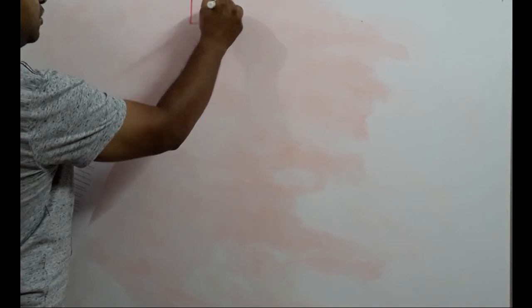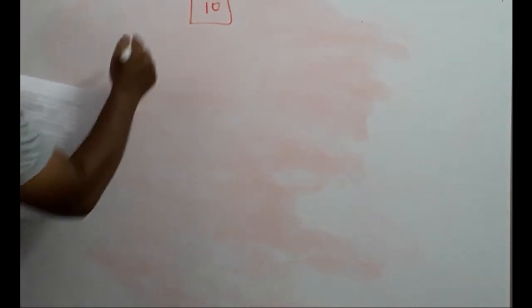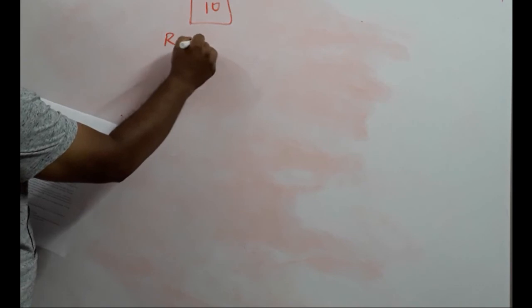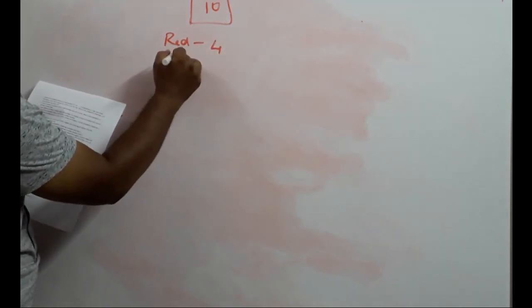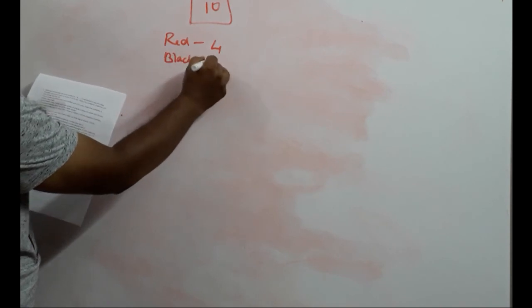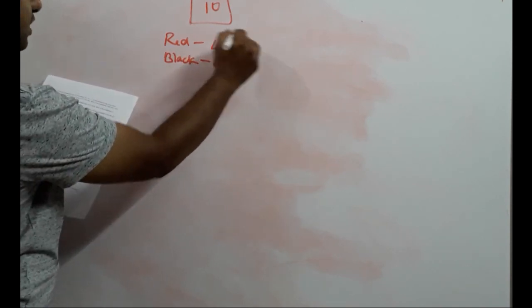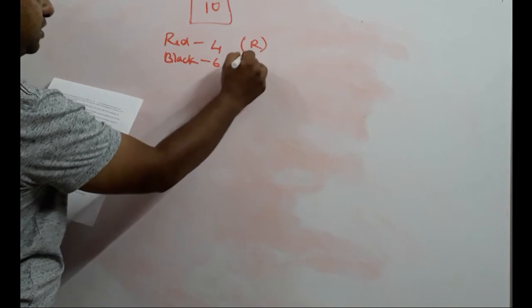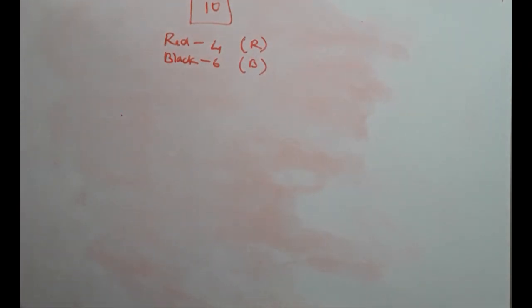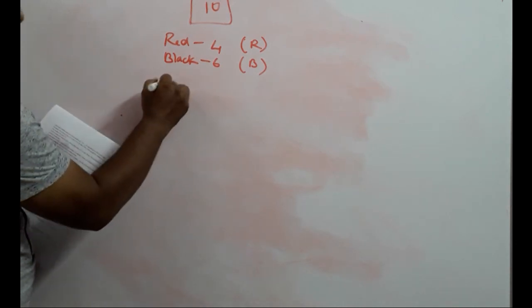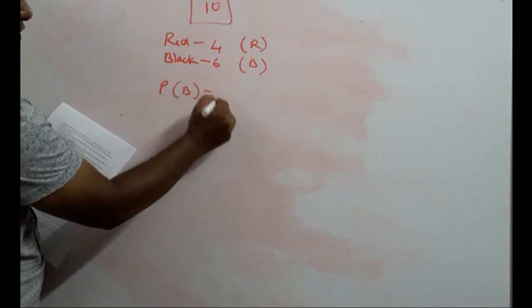So there is a bag and it has got a total of 10 balls. The red balls are 4 and black balls are 6. So we'll put it down as R and this is B. Find the probability of getting a black ball.